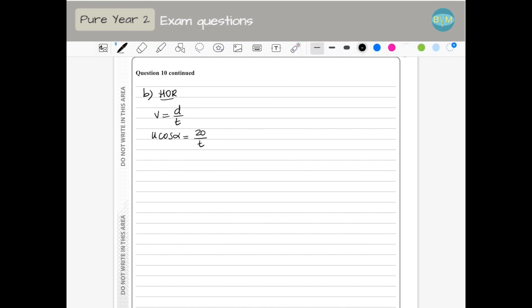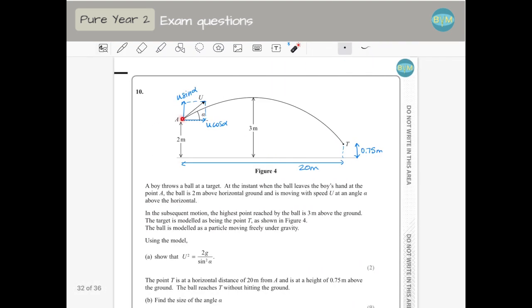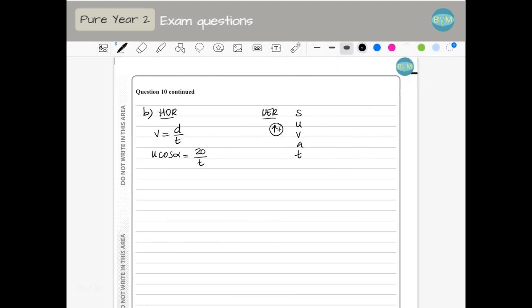If we think about the vertical motion now, vertical motion is freely under gravity. If I consider positive up, from here to here, this is 2 meters and this is 0.75. So the distance from where the particle starts to where it hits the target is 2 minus 0.75, so 1.25. So my displacement is going to be minus 1.25 meters.